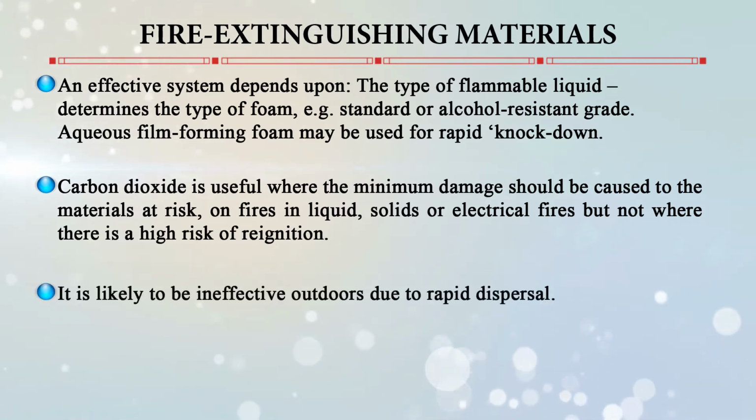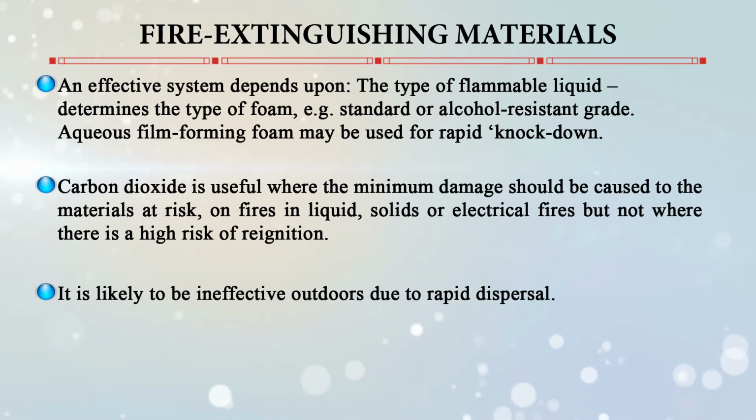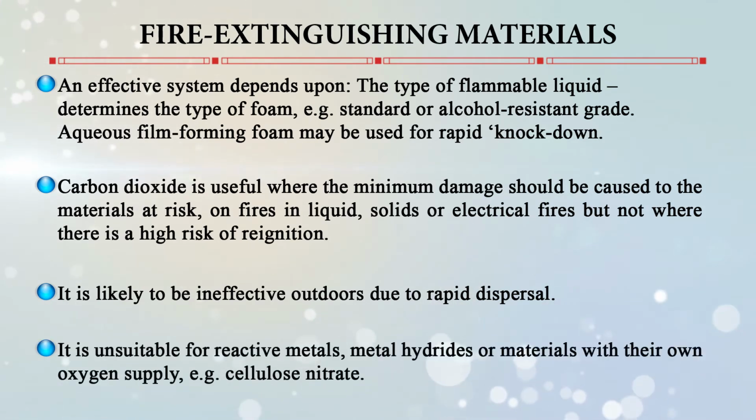It is likely to be ineffective outdoors due to rapid dispersion because of air movement. It is unsuitable for reactive metals, metal hydrides, or materials with their own oxygen supply like cellulose nitrate.